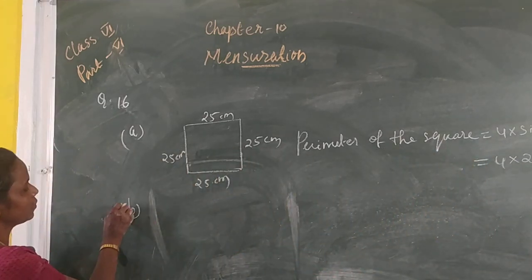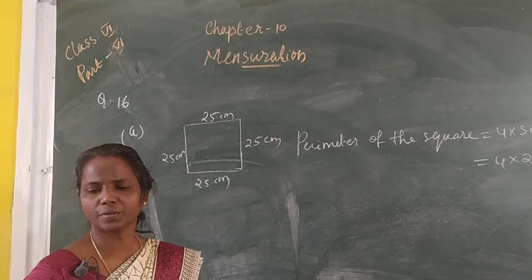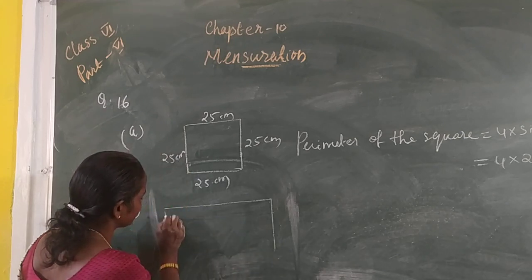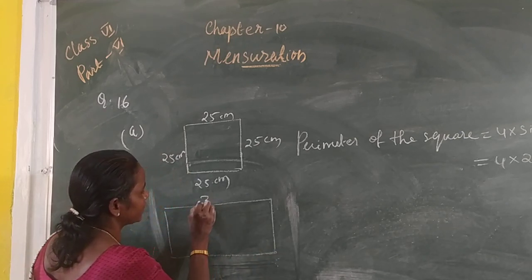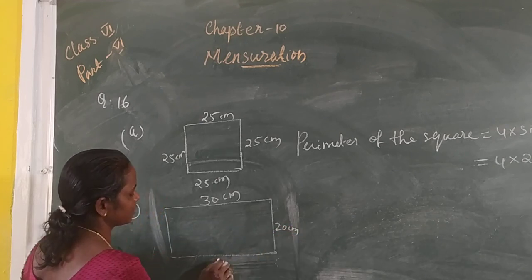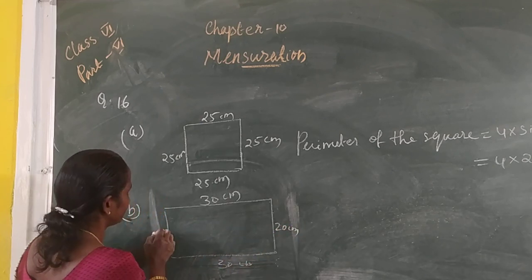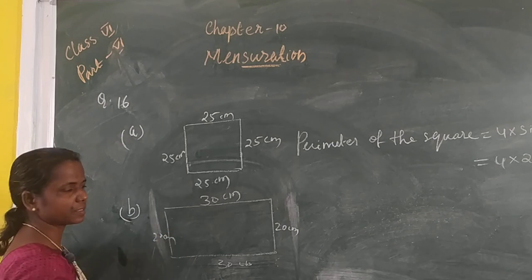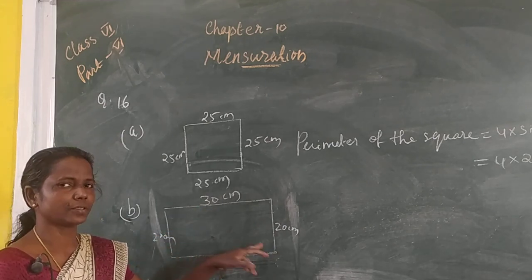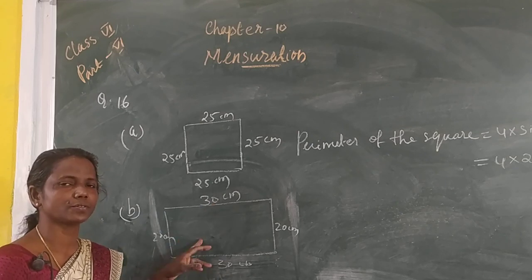And B, look, B: 20, 30. This is 30 centimeters, this is 20 centimeters. Look, its length and breadth: length 30 and breadth 20. So the length and breadth are different. So which shape is this?